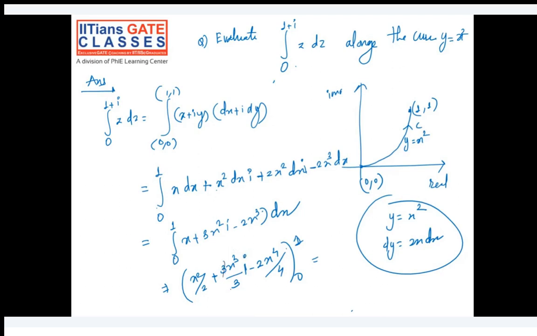If you replace x with 1, 1 by 2 minus 1 by 2 gets cancelled, and the other terms become 0. So basically you will get i only. Okay, so this is how you calculate the complex integral.